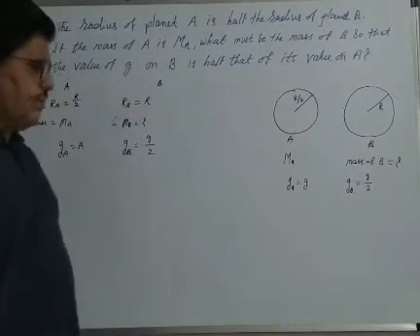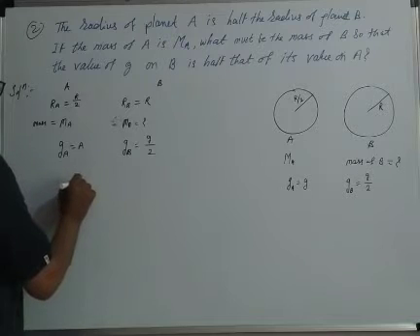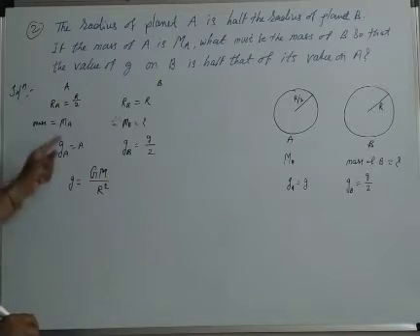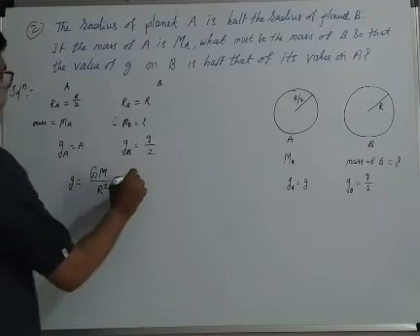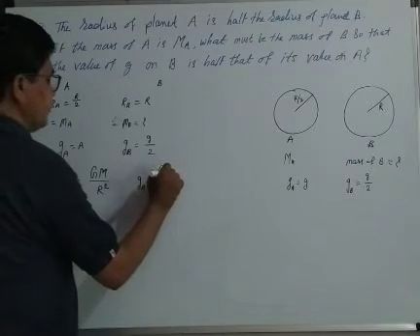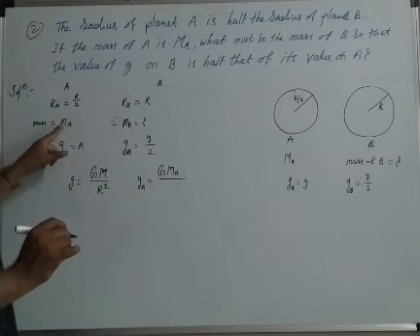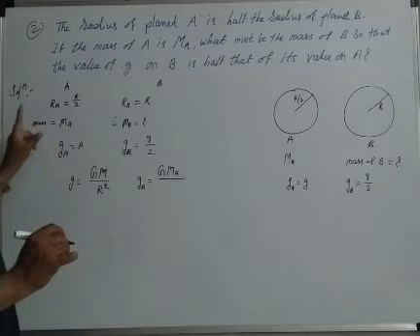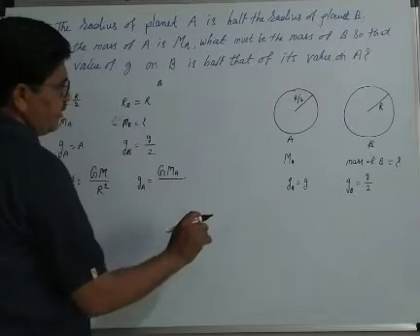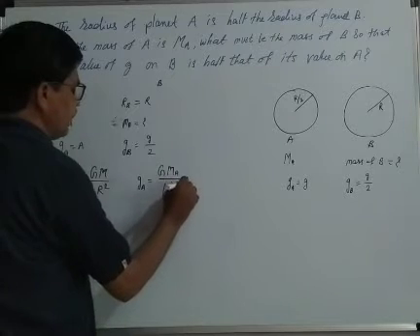You have studied the formula of the acceleration due to gravity: g is equal to GM divided by R square. First we write it for A and B. GA is equal to G MA divided by, for the radius of A, R by 2 whole square.